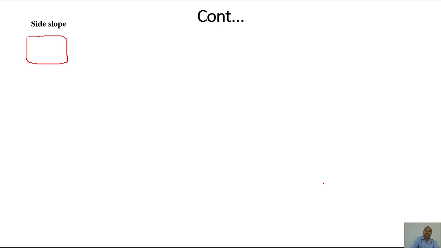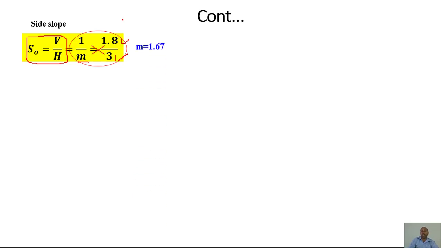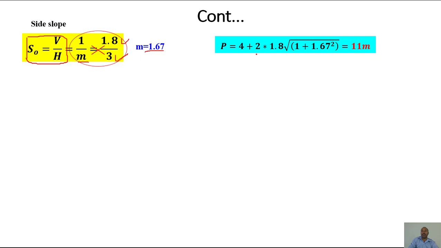So you can just use this equation, 1 over M. So if you go 1.8 meter depth and horizontal 3 meter, what will be the side slope? So just crisscross, you can multiply this crisscross. Then M will be 1.67. So having this, you can calculate now.